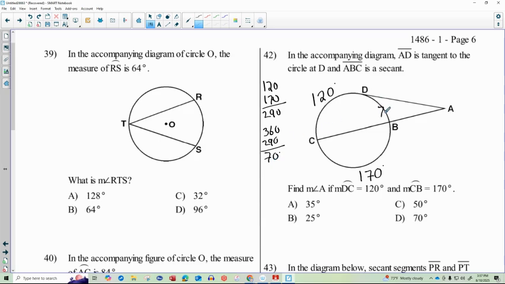So that means this right here is 70. Now I'm ready to begin, because they want to find angle A. Easy enough. Angle A will be equal to the big arc inside it minus the minor arc, divided by 2. 120 minus 70 is 50, divided by 2, which equals 25.